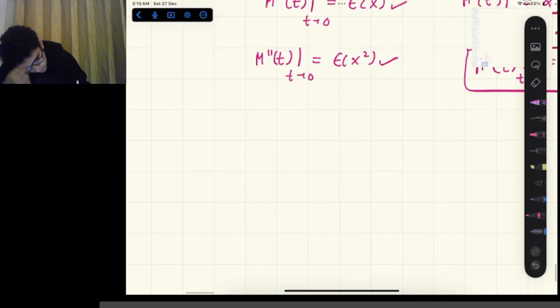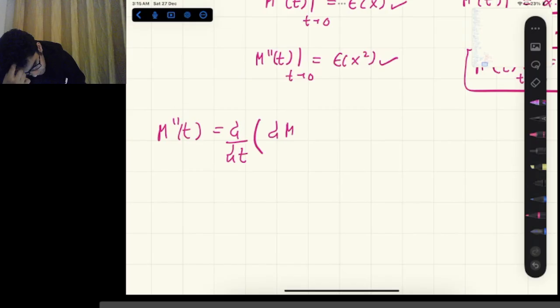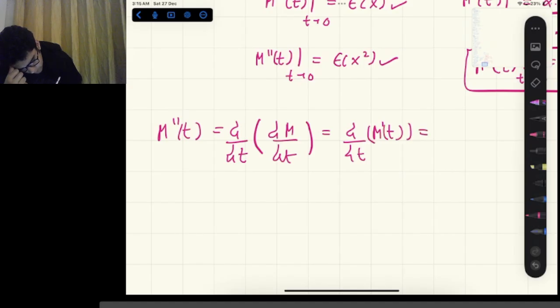So now I need to find the second derivative. This is basically d by dt of dm by dt. So I need to find the second derivative, or I can also find the first derivative of m dash t. Both are the same thing.